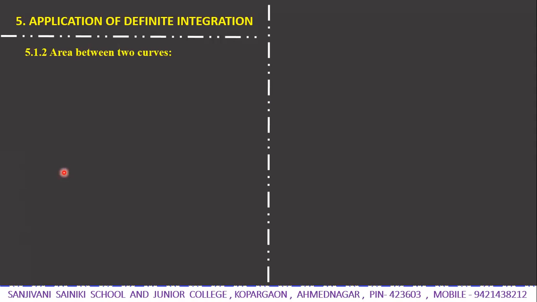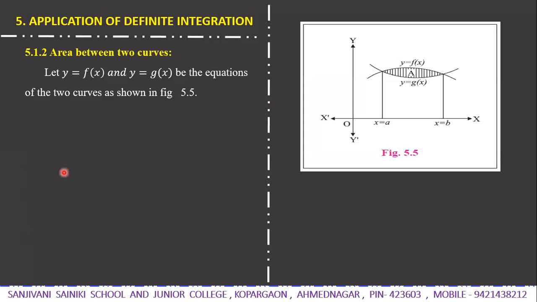Now let us learn how to find the area between the two curves. Suppose y is equal to f of x and y is equal to g of x are the two equations of the curves, and then we want to find the area between these two curves.